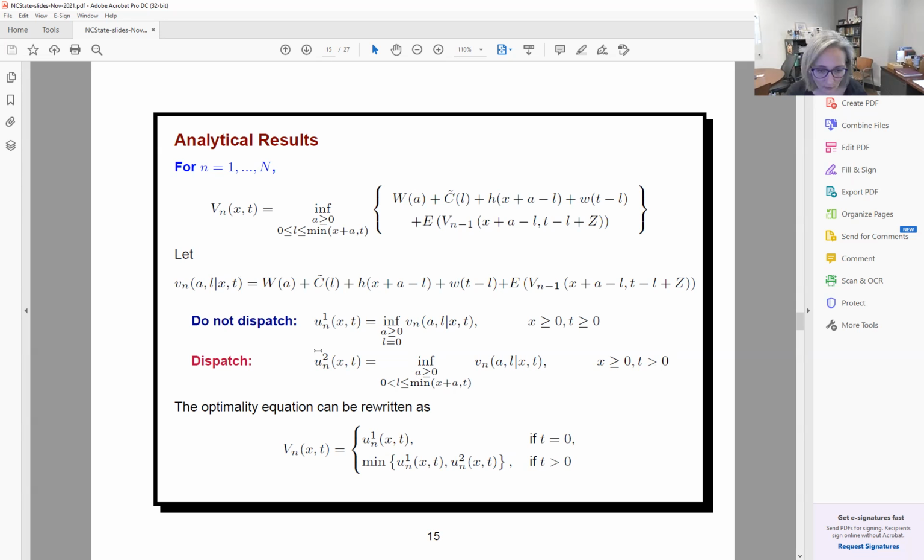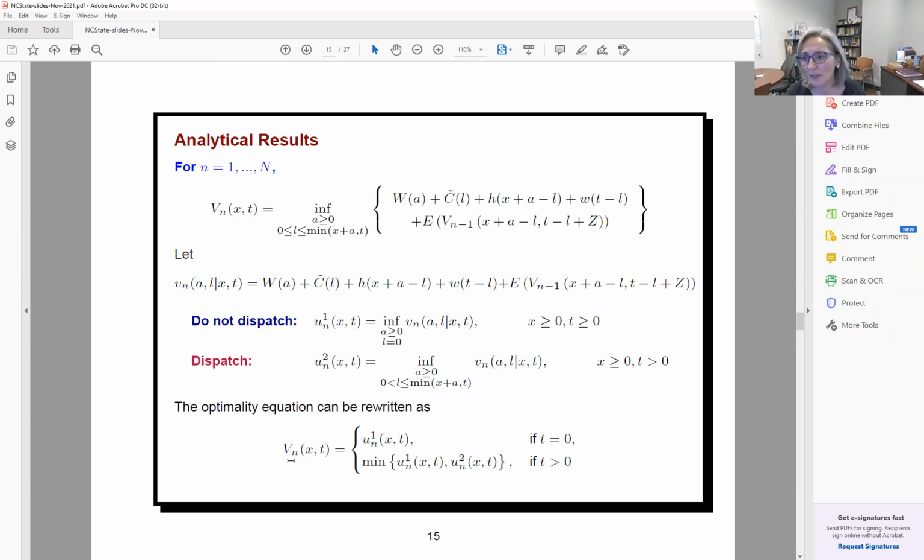So function U2 is representative of the cost to go function if I force myself to dispatch, if I say that I am going to dispatch. Then the overall cost function can be written in this form.